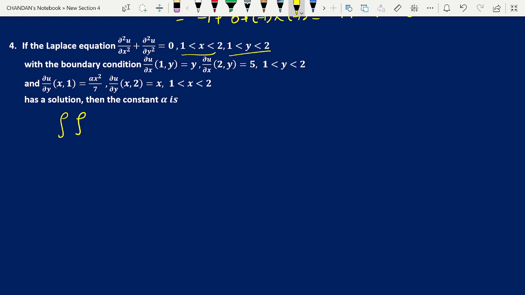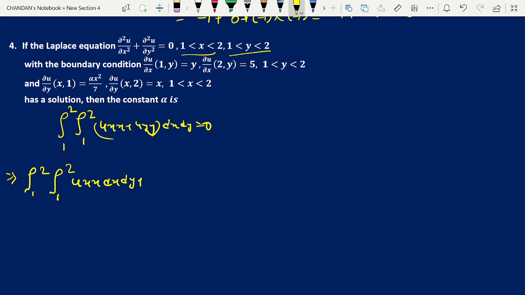The double integral over x from 1 to 2 and y from 1 to 2 of (u_xx plus u_yy) dx dy is equal to 0. So now the integral from 1 to 2 of u_xx dx dy plus the integral from 1 to 2 of u_yy dx dy is equal to 0.